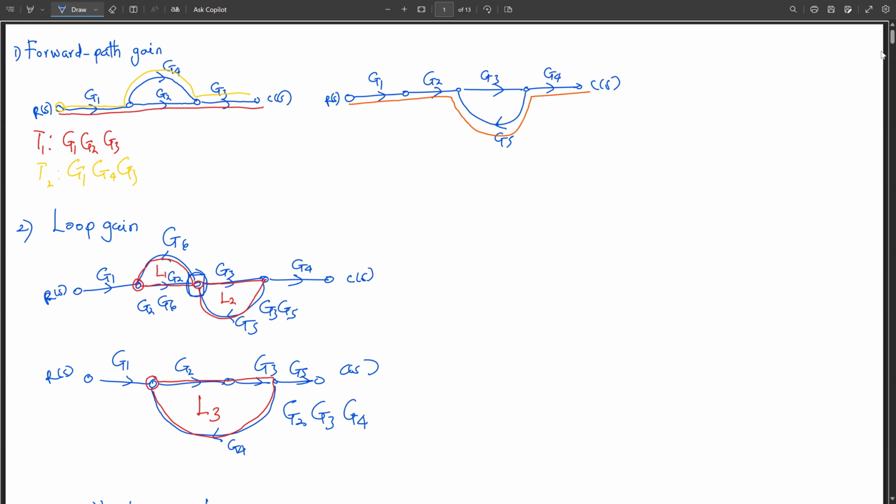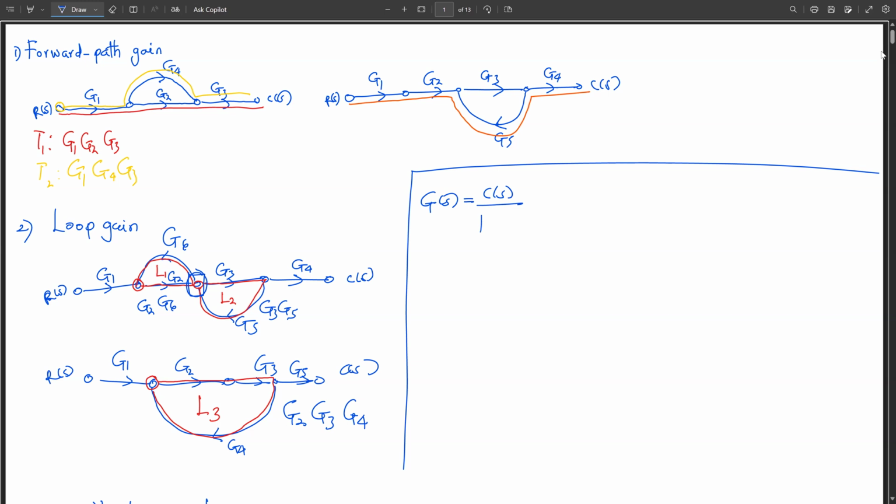The transfer function G(s) is equal to C(s) over R(s), which is equal to the summation, with k always starting from 1 to n, where n is the number of forward paths, of T sub k delta k, all over delta. So I've already said this.